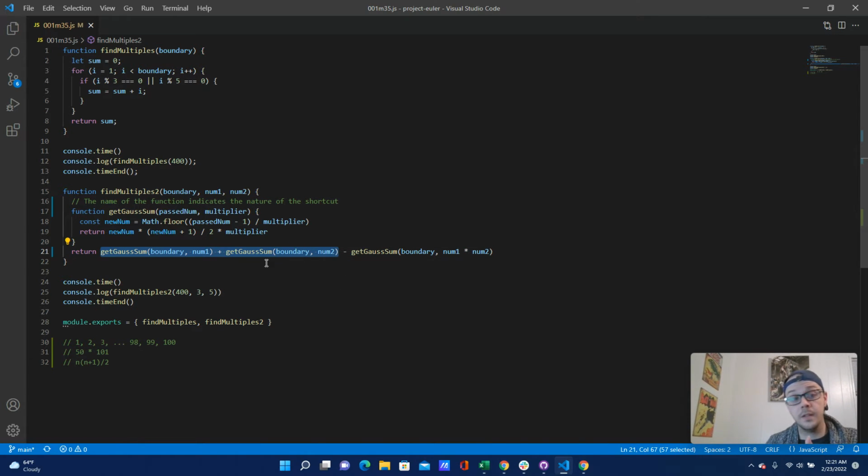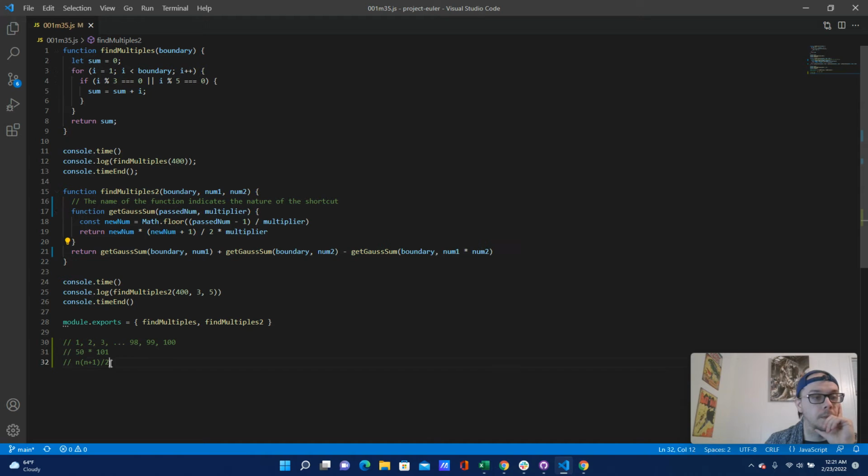So 15 is getting counted twice here. How do we solve that? We subtract 15 from here. Easy. 30 is getting counted twice. 45 is getting counted twice. 60 is getting counted twice. 75 and 90 are all getting counted twice. So we need to subtract that, and we do that with this.